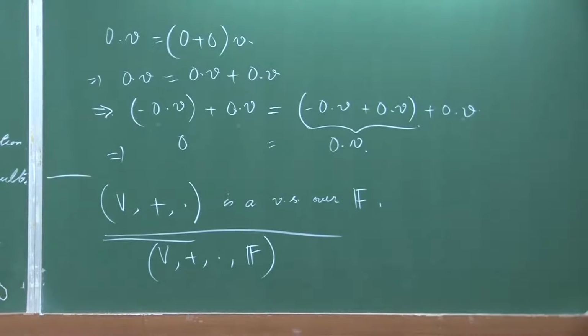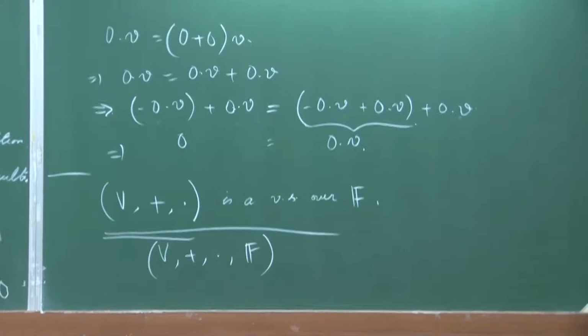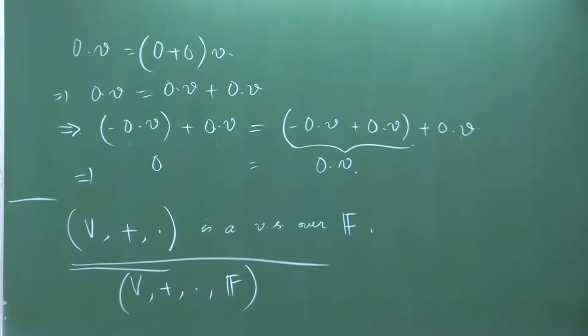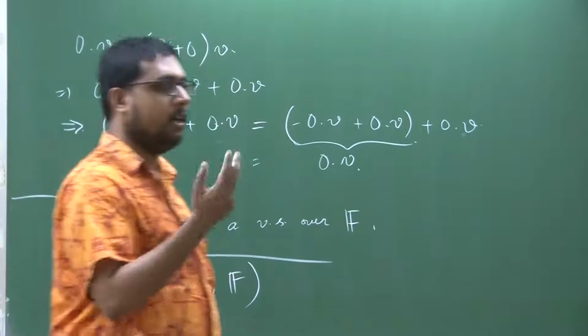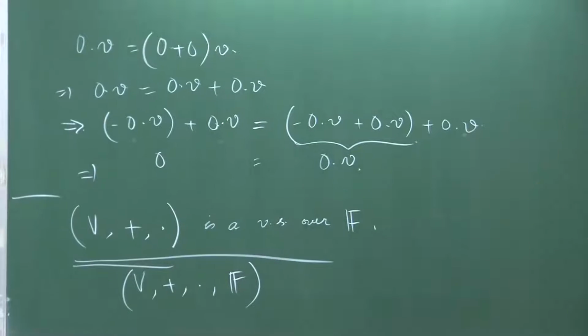So, that is what we have seen from these examples, that if a subset is closed under addition and multiplication and also the subset is non-empty, then automatically it becomes a vector space. The proof of this is clear.